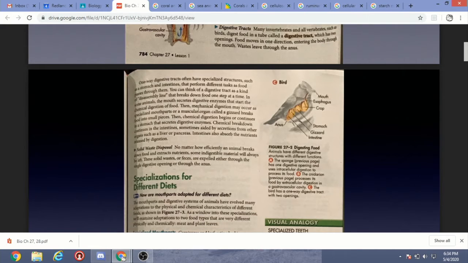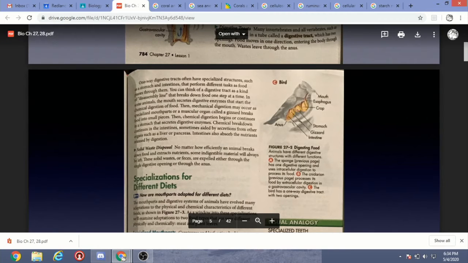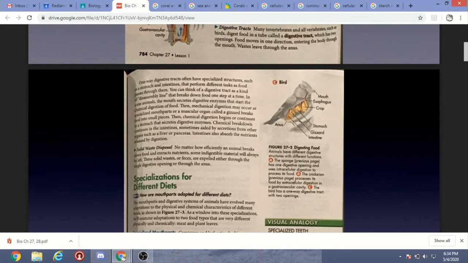So there's a lot of mechanical digestion that occurs in these kind of structures, and there's also chemical digestion as well. You know what the difference between that is, right? Mechanical digestion is just breaking food down mechanically.